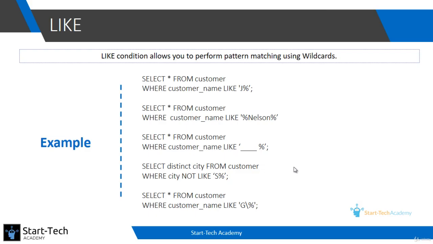Now if you want to select customers who have Nelson in their name, maybe their first name is Nelson, maybe their last name is Nelson, or within their name the string Nelson appears, how to find such customers?